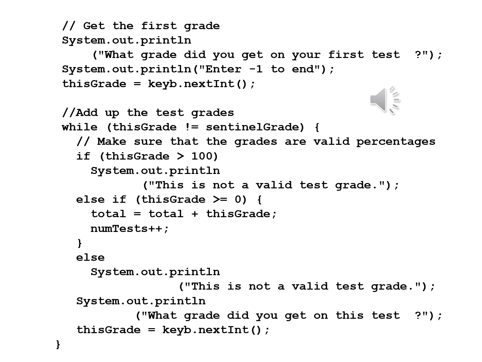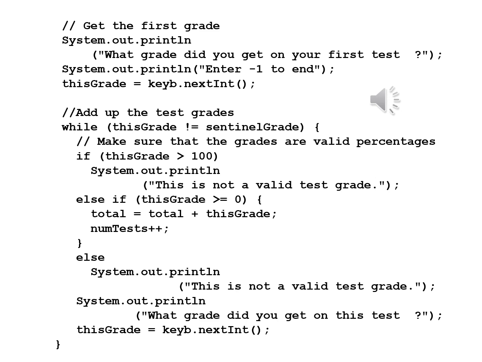It's too large. Then I write else if thisGrade is greater than or equal to 0. Inside the braces you see there, I write total = total + thisGrade, and numTests++, which will add 1 to the total number of tests I'm averaging.